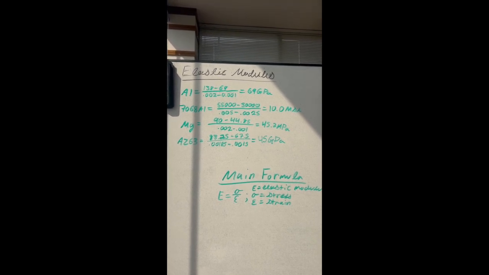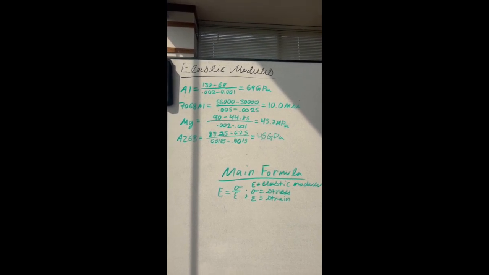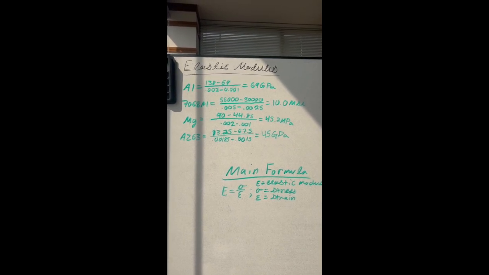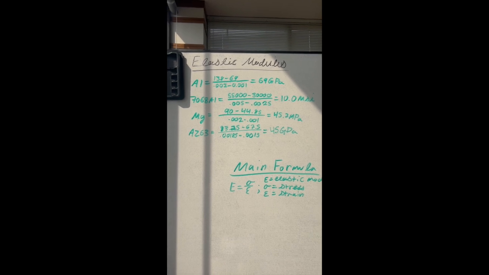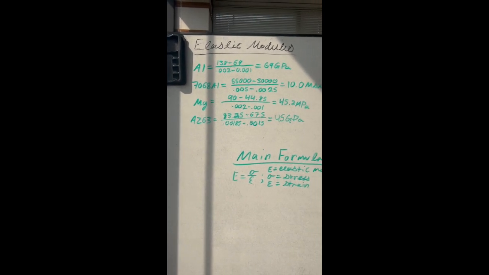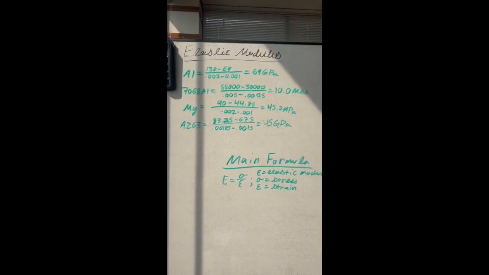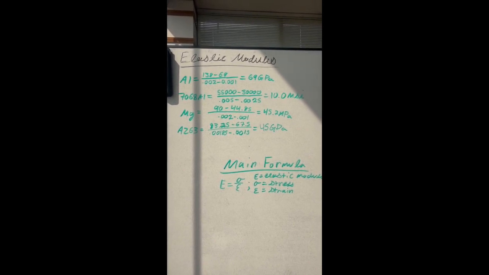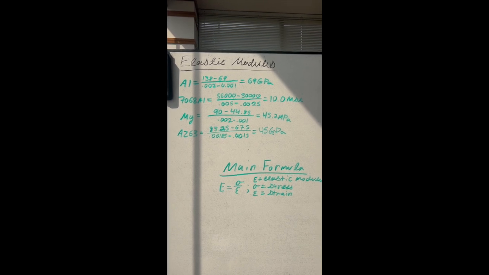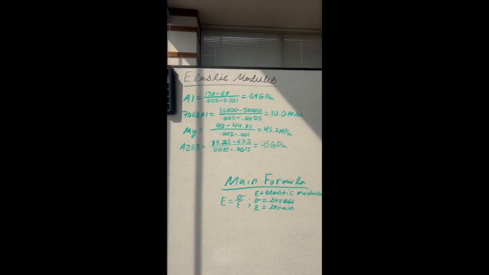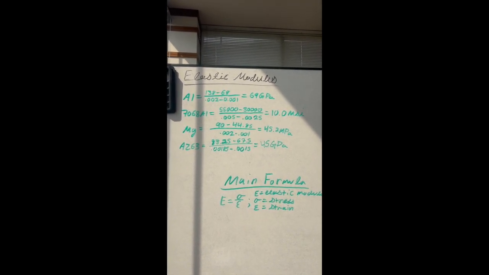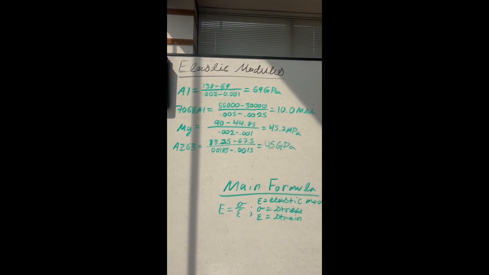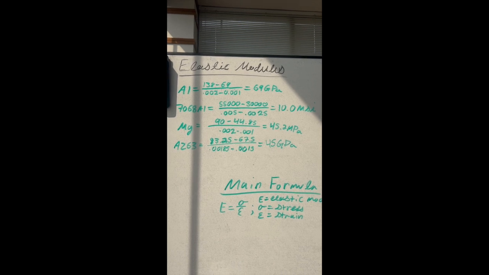The reason that one is different is because we're measuring in MSI, because the data points for the linear part of the curve weren't available online for this specific alloy. So we had to make do with what we had and use the MSI calculation. But all in all, we were able to achieve all of the different elastic modulus measurements for the 4 alloys.